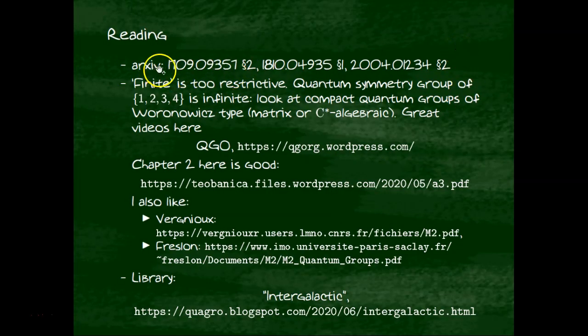there are some arXiv things. So this is, sorry, self-promotion, apologies. It's my thesis. Section 2 will write all this stuff in detail. Section 1 of this talks about finite groups. Section 2 of this talks again about quantum groups. And the next is the same as the first video. Finite is too restrictive.